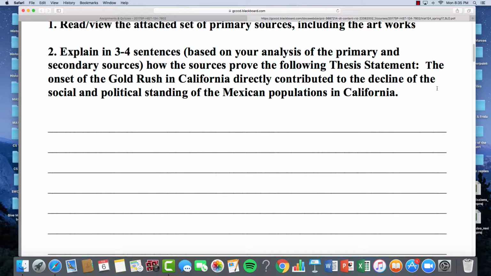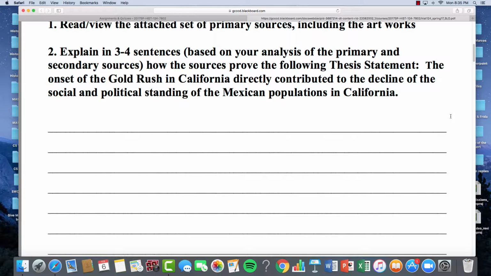Then tell me how the sources prove or disprove the thesis statement I have listed here. So it's a bit of a tricky exercise, but it's part of the critical thinking agenda with these SLO assignments. So definitely take your time in formulating an answer.